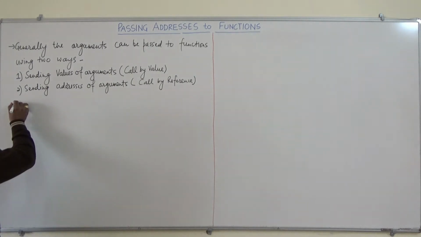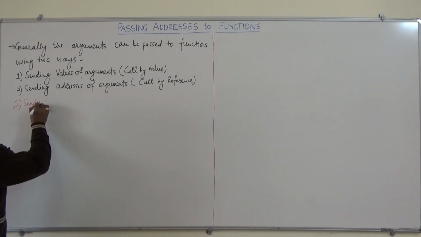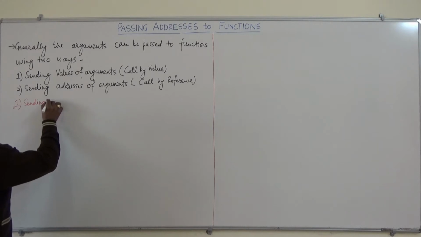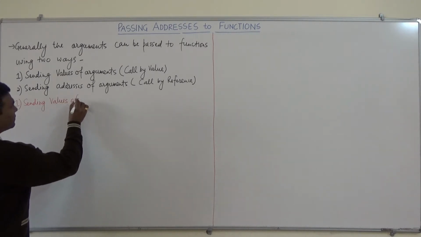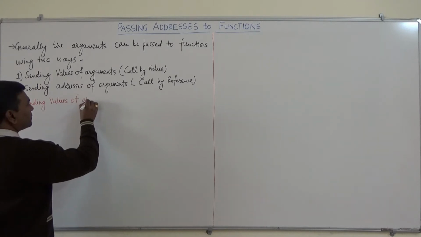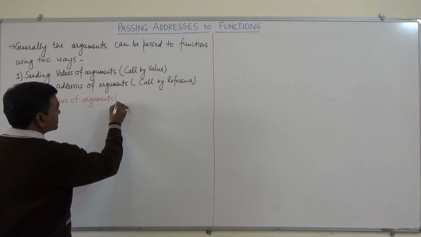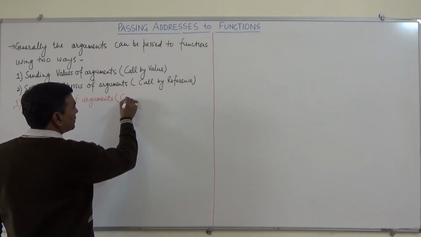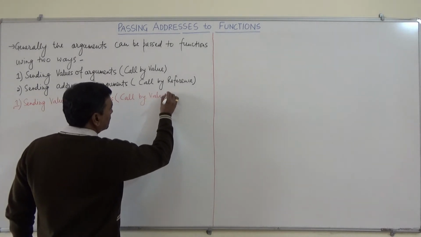So first is sending values of arguments, that is call by value.